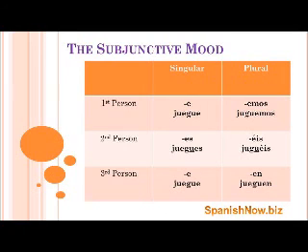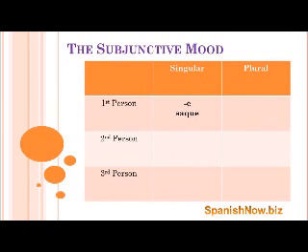Our next verb, sacar, to take out. Que yo saque. Notice that we now have to put a Q as well as a U there. If we just left that as a C, it would say sase. We don't want to say sase because the C makes a K sound in the original verb, sacar.